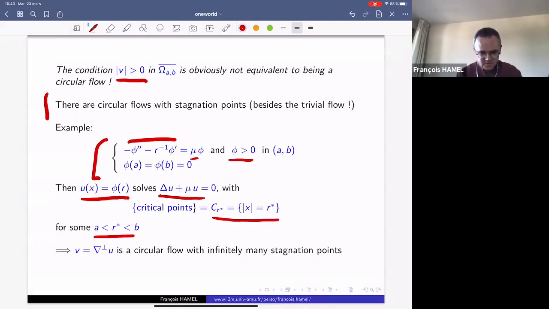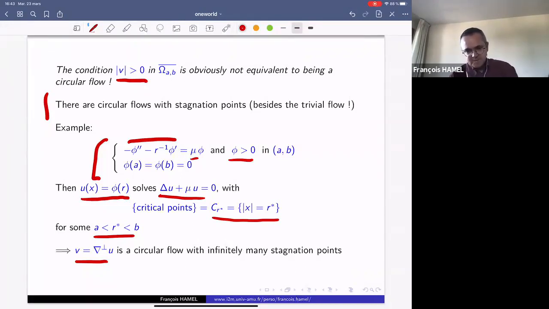Since u is radially symmetric, v, the orthogonal gradient of u, is a circular flow with infinitely many stagnation points, because the set of stagnation points is the whole circle of radius r star.